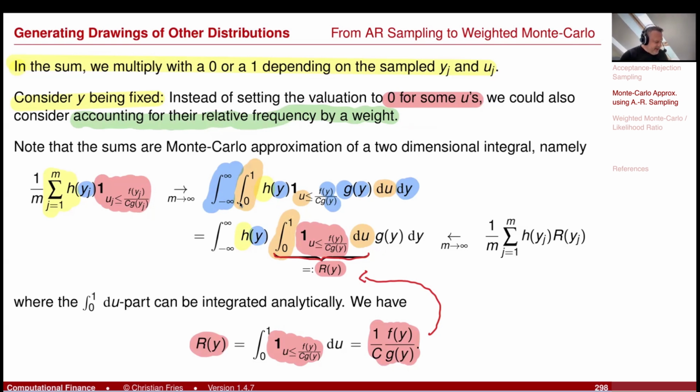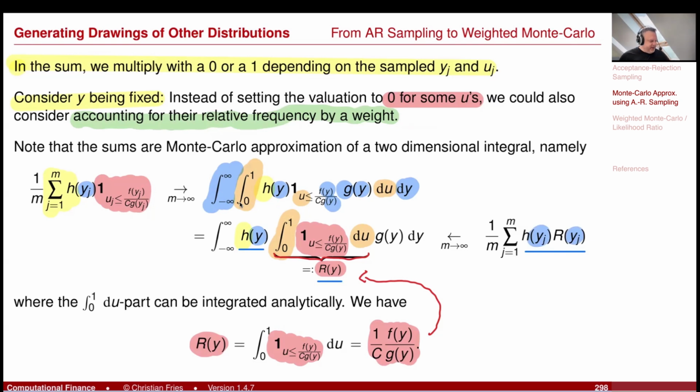So this is, I integrate the function h of y times r of y. So this is a Monte-Carlo integral of this function here that depends on the sampled random variable y.